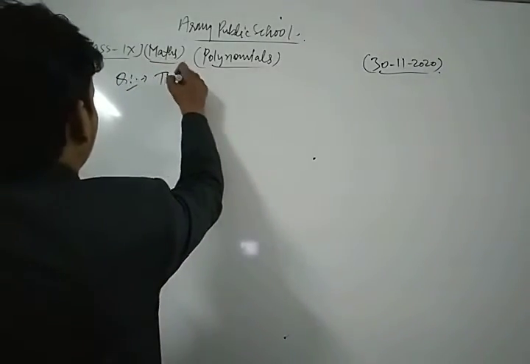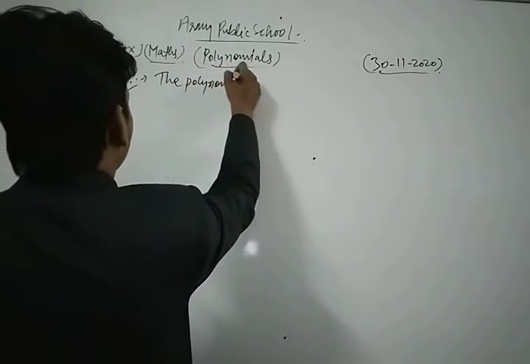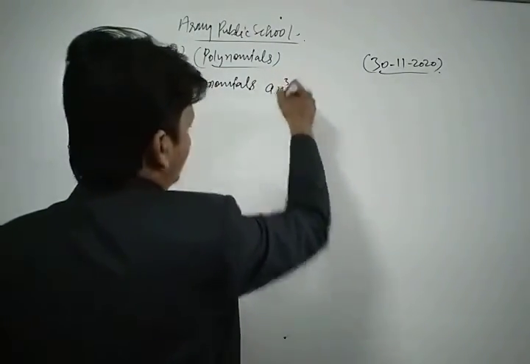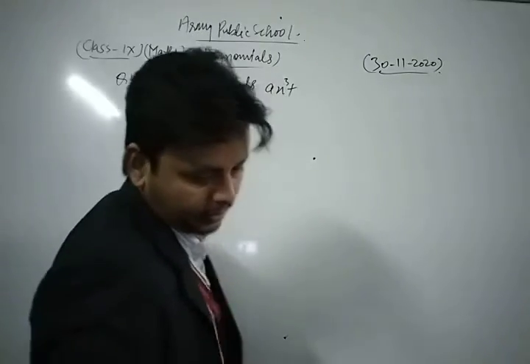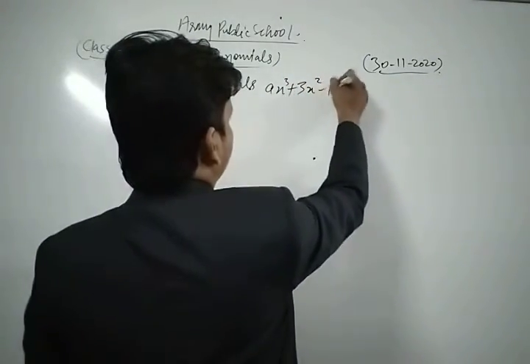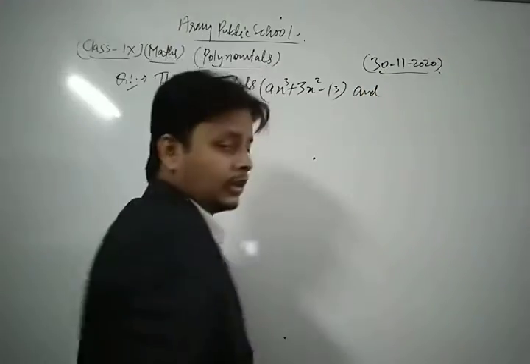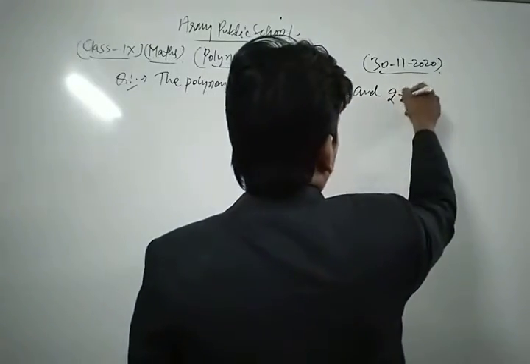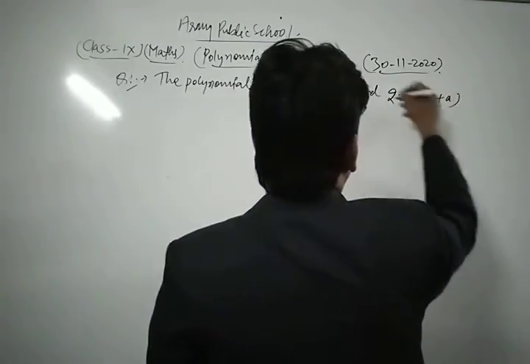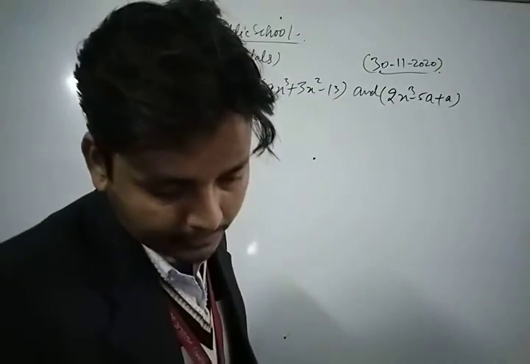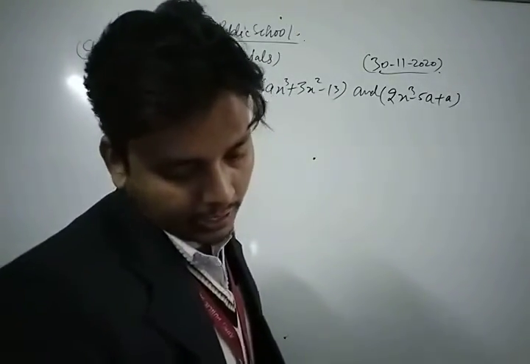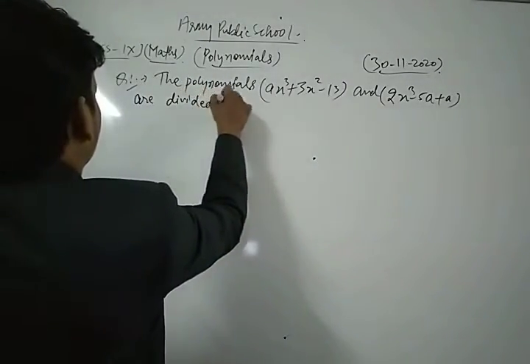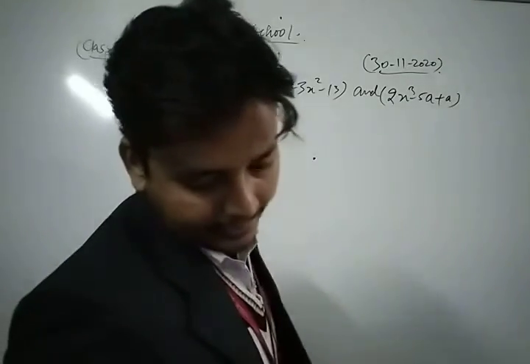The polynomials ax cube plus 3x square minus 13 and 2x cube minus 5x plus a are the given polynomials, and they are divided by x plus 2.